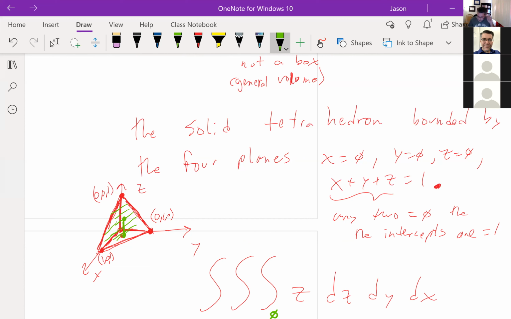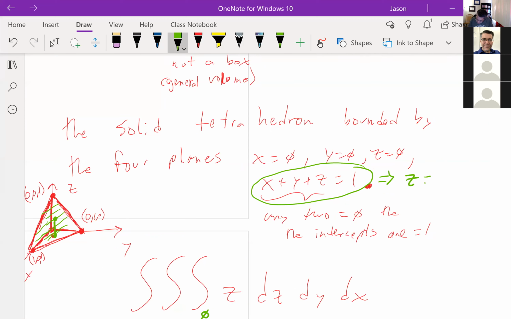But how could I rewrite this as a function of x and y in terms of z? Couldn't I just toss everything to the other side? Couldn't I just say that this is equivalent to z equals 1 minus x minus y? So this becomes 1 minus x minus y. Okay.